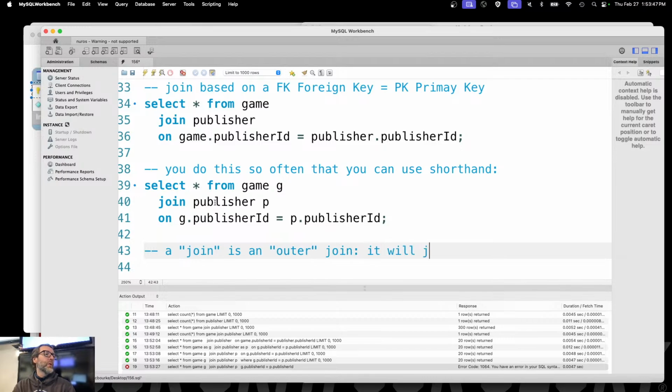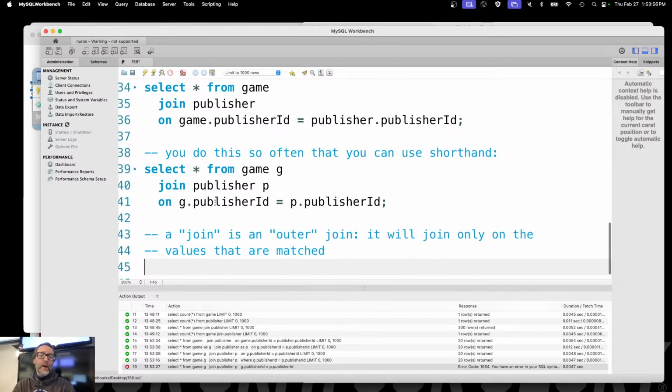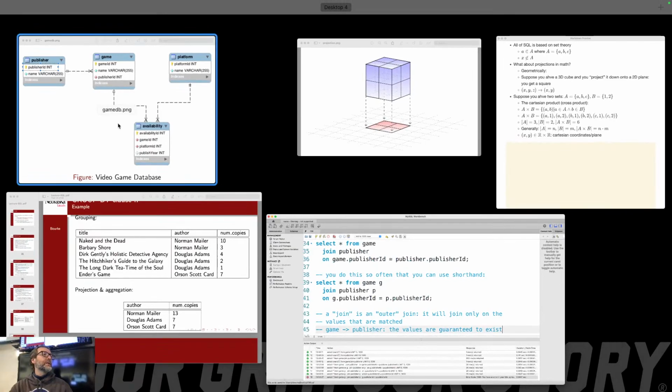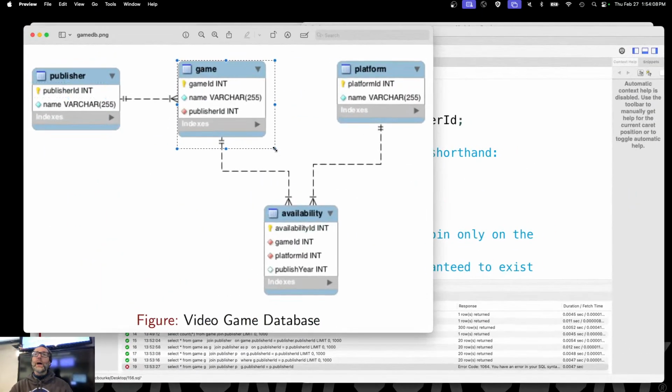It will join only on the values that are matched, right? Now for game to publisher, the values are guaranteed to exist. Why is that? Because that's how we designed our database. This is a child. A child cannot exist without a parent. So they're always going to have this publisher ID. Otherwise, the record wouldn't exist.